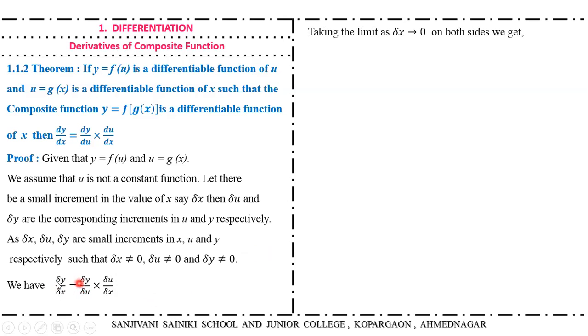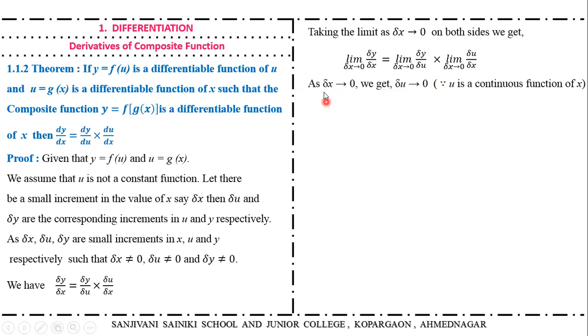Now we will take the limit on both sides as delta x tends to 0. Then what do we get? As delta x tends to 0, delta u tends to 0. Why does it happen? Because u is a function of x.